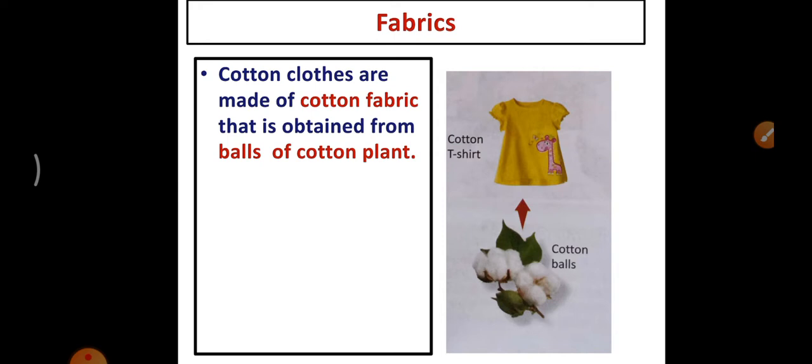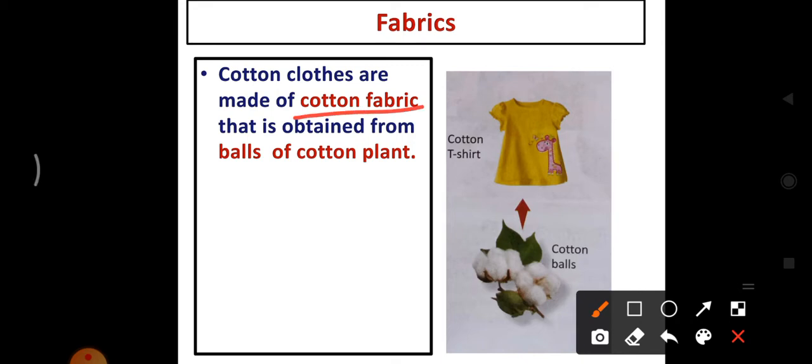The next fabric is cotton clothes. Cotton clothes are made up of cotton fabric that is obtained from the balls of the cotton plant. You know that the cotton plant gives the cotton balls. See, this is the cotton ball. From the cotton ball we can make cotton fiber.